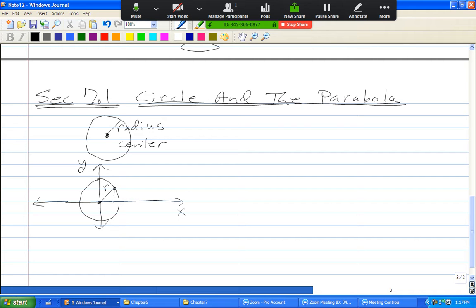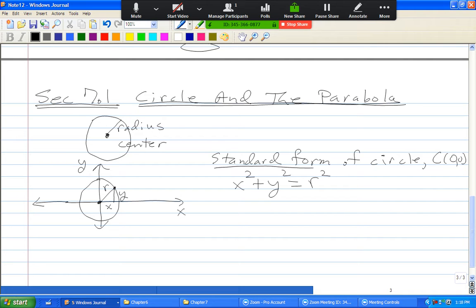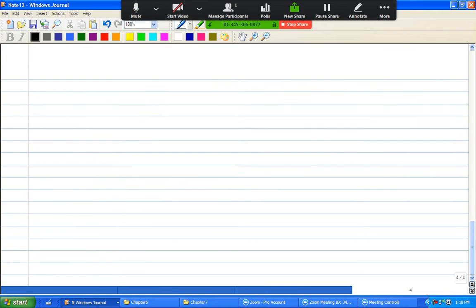Then, by Pythagorean's theorem, a squared plus b squared equals c squared. So the equation of a circle centered at the origin of radius r will have the form x squared plus y squared equals r squared.